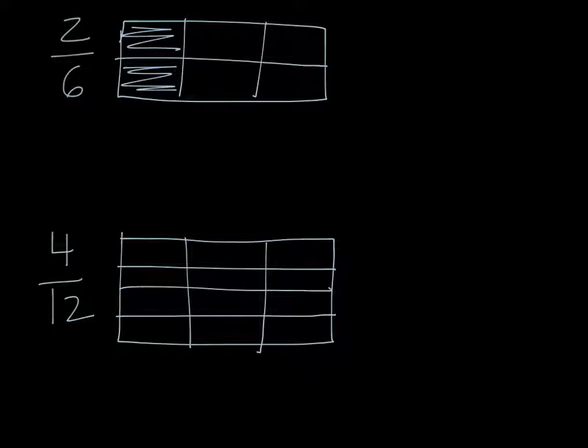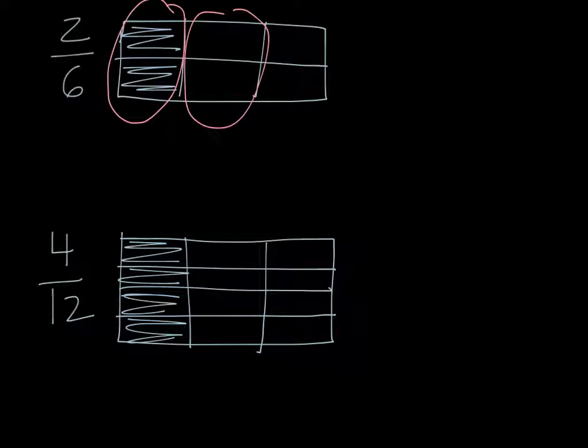And I'm going to make 4 rows of 3. And again, I've got 1, 2, 3, 4 shaded. And I want to think about how many equal groups can I make. So for this problem up here with 2/6, I can make 1, 2, 3 equal groups. And how many pieces do I have in each group? The answer is 1, 2.